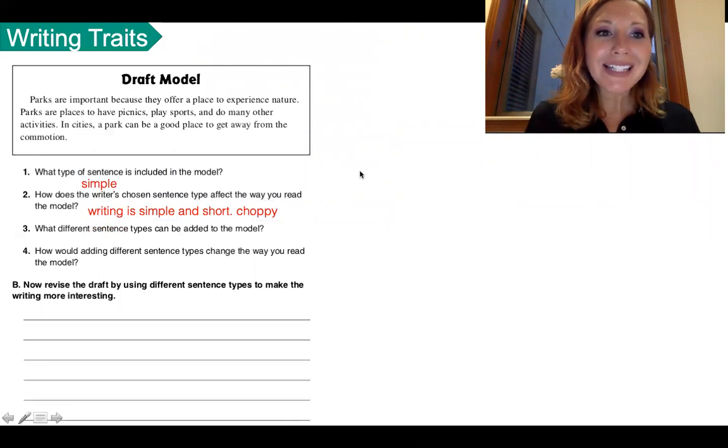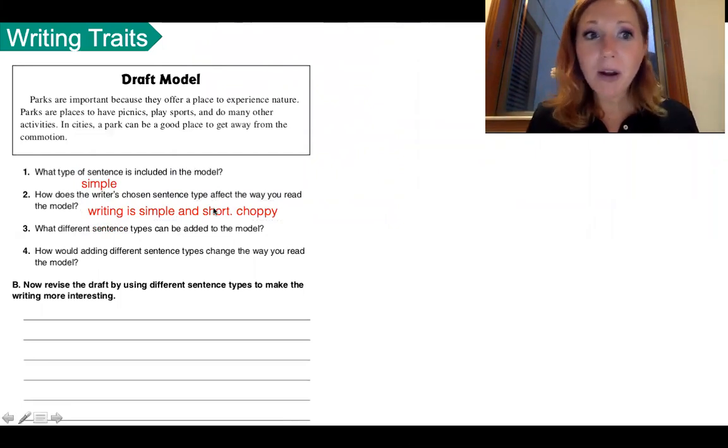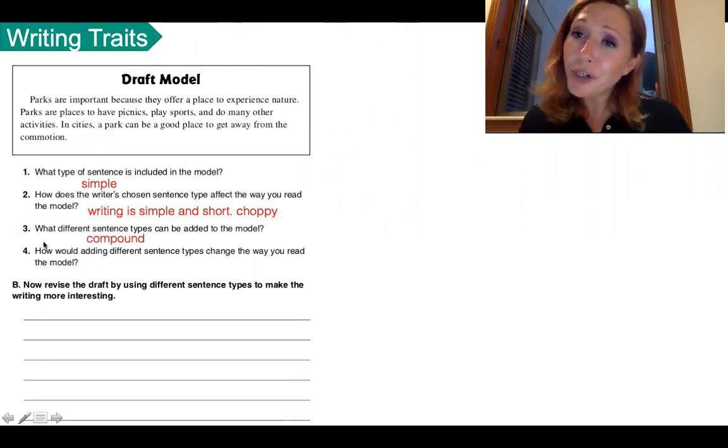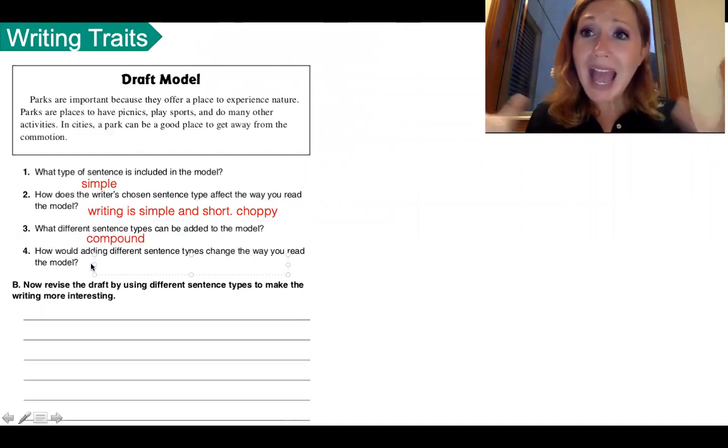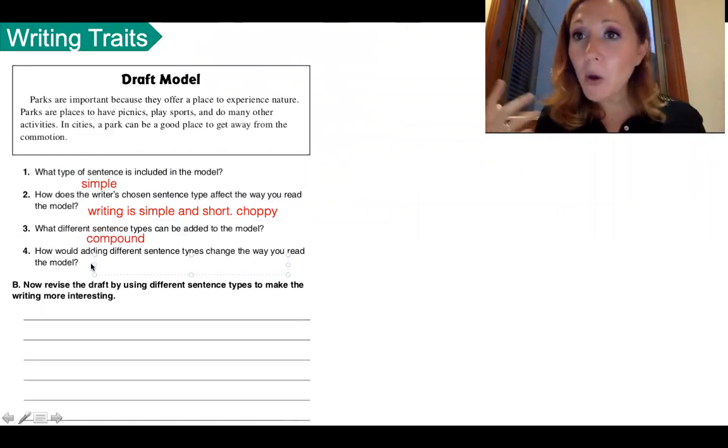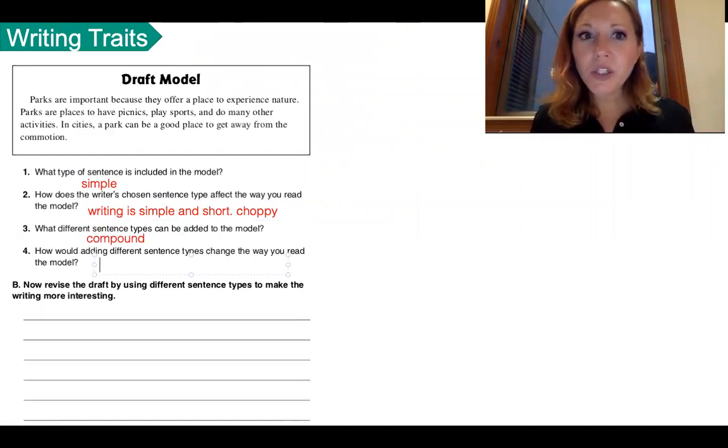What different sentence types can be added to this model? Well, we can add some compound sentences, right? Adding conjunctions, and, but, or. And by adding some compound sentences, this is going to make the writing more diverse, okay? It's going to give us more ideas, and it's going to make our writing more clear.